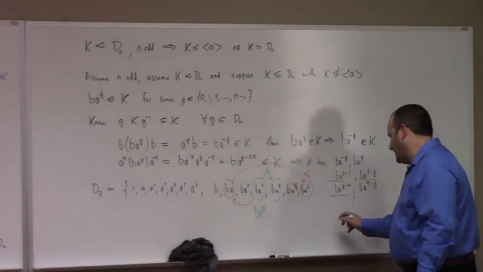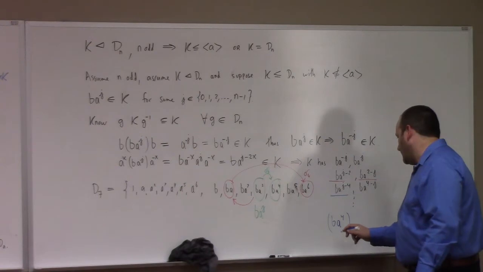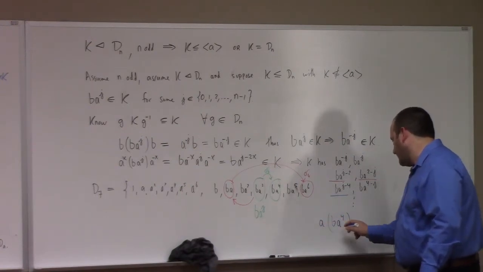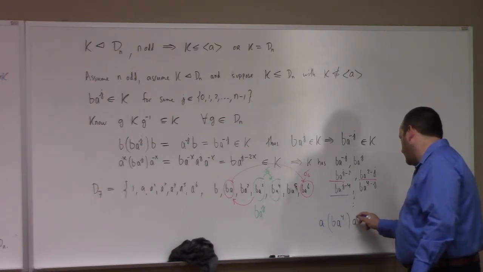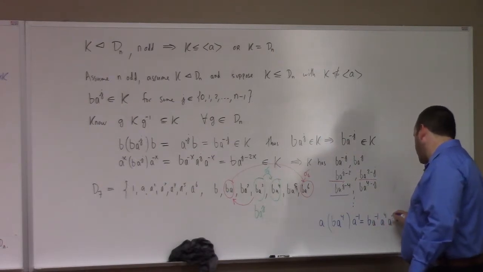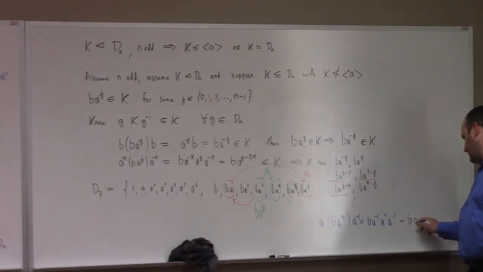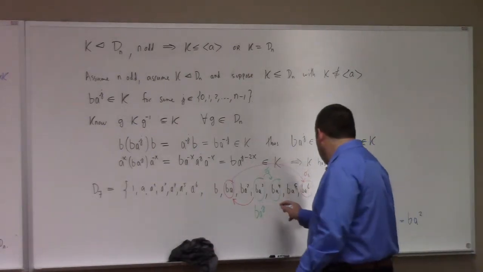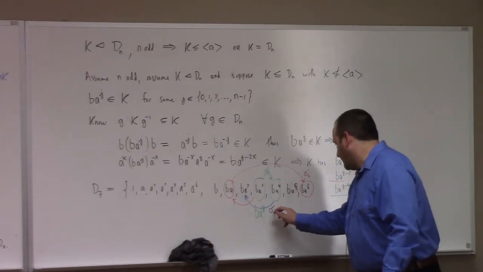Right, if I take b a to the 4th, and I conjugate by a, what's that give me? So, there it is. So this goes to there under the sigma a map.